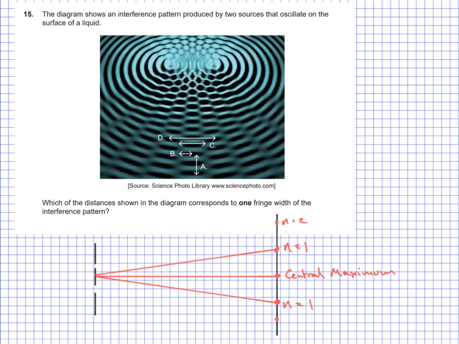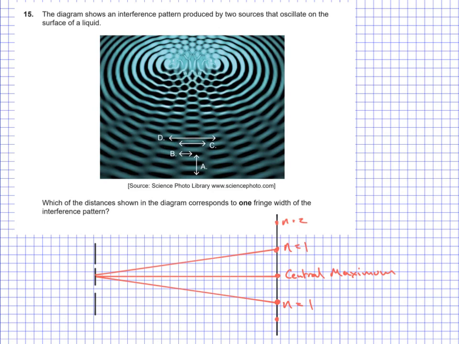So looking at our diagram, hopefully you can eliminate A right away. It's not going to be A, because that would be something to do with wavelength. And then D is spanning an entire fringe plus a half, plus another half. So this would be two fringe lengths.